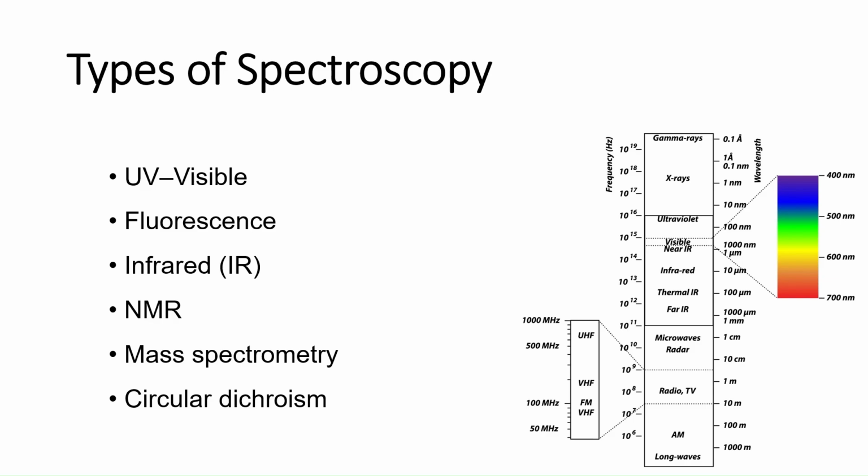Types of spectroscopy: UV visible, quantification and Lambert law; fluorescence, very sensitive detection; IR, infrared, functional groups and bond vibrations; NMR, detailed molecular structure; mass spectrometry, mass to charge ratio. Each type answers a different biological question.